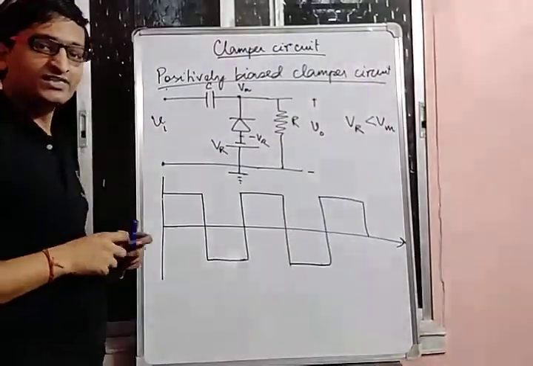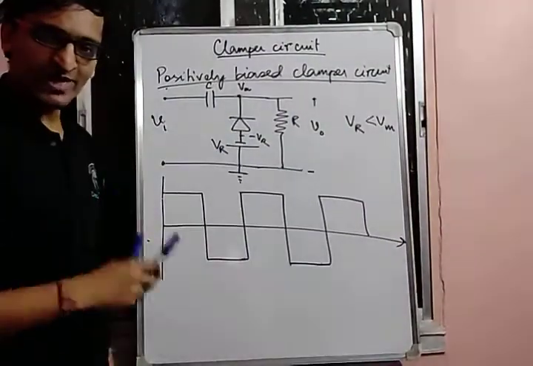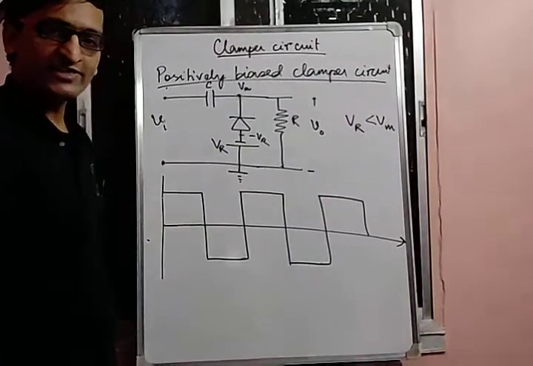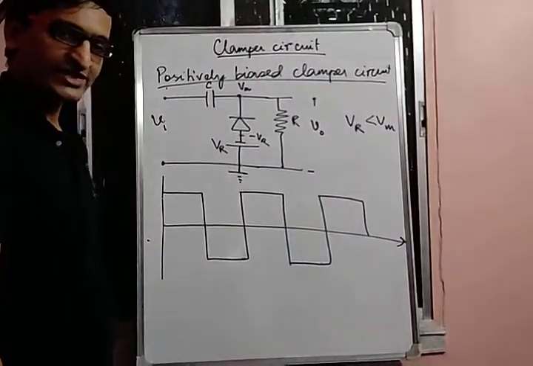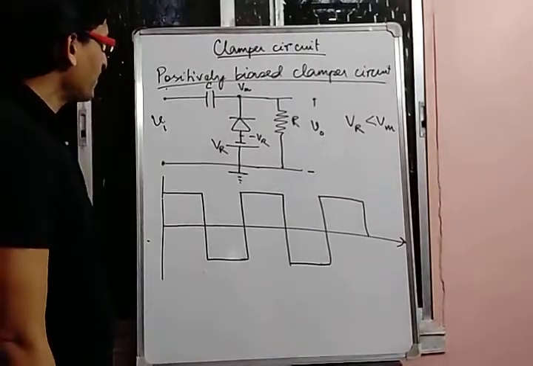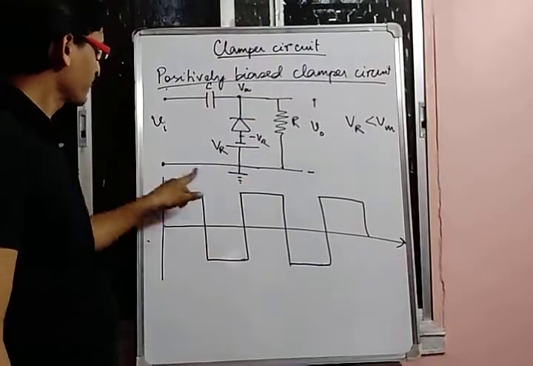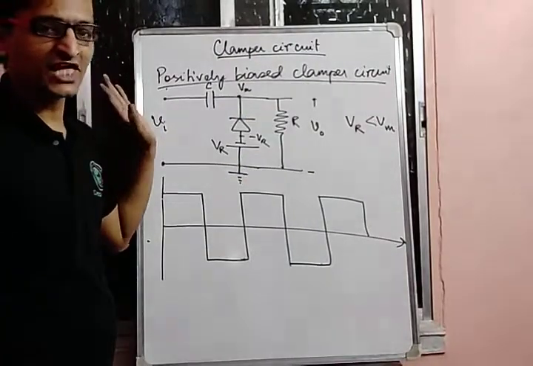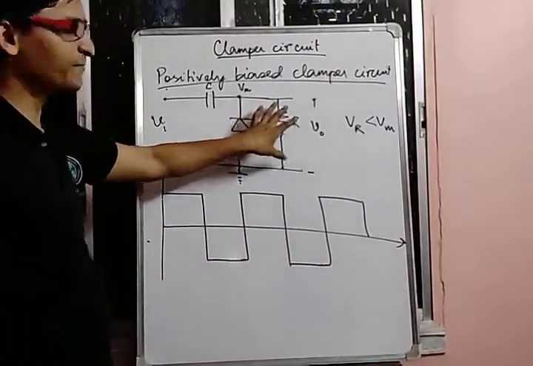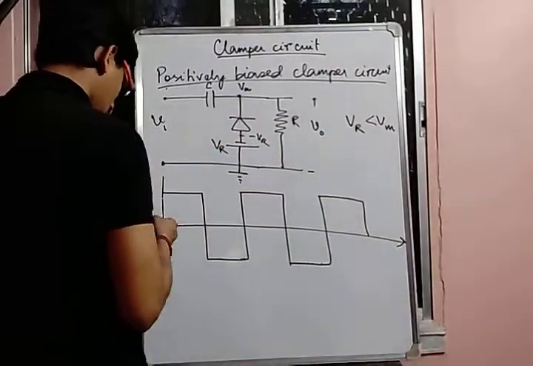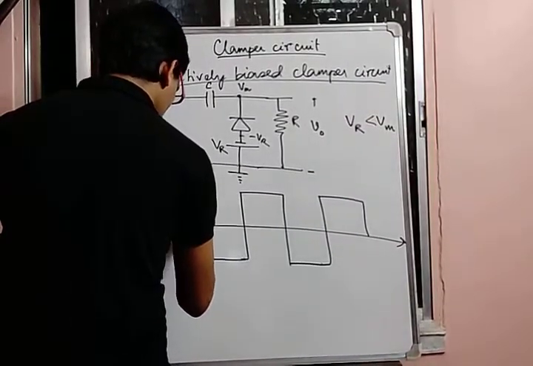So it's quite obvious that this diode will be reverse biased. Since this diode is reverse biased, it will act as an open circuited path. So this capacitor C will not get charged up, or it will get charged up to a very low value. That means the entire input voltage will appear across the output, so during this period the output voltage will be the same as your input voltage.